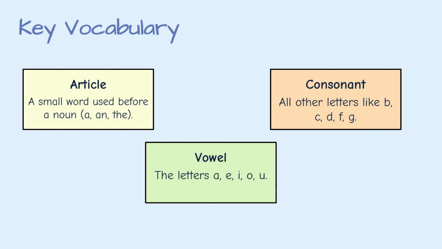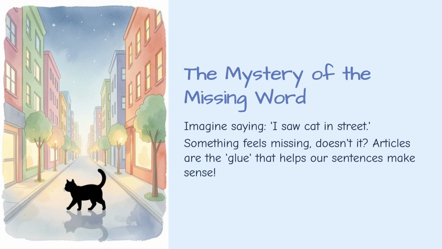Vowels are the letters A, E, I, O, U. And last, we have consonant. Now, consonant letters are all the letters except for the vowels. For example, B, C, D, F, and G. So, in simple words, consonants are those excluding vowel letters.